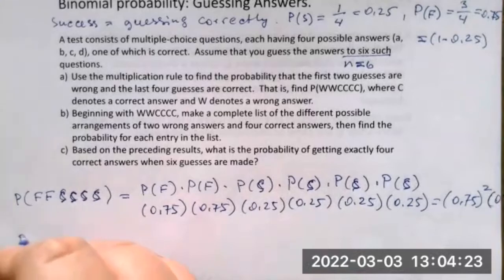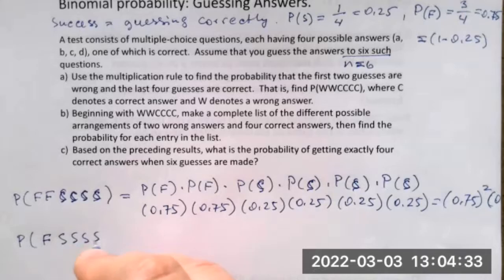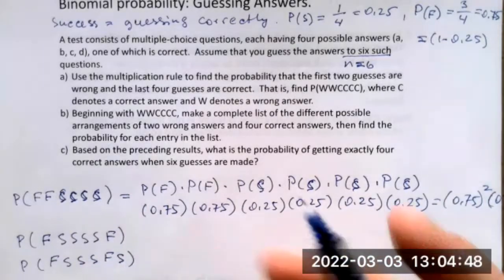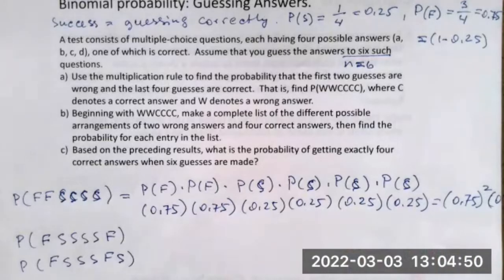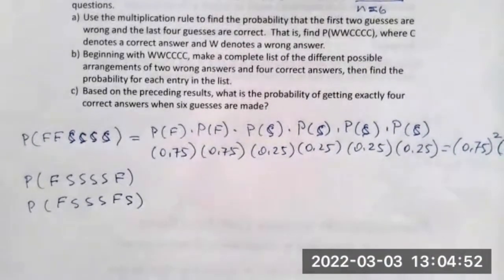So, well, we could have the first one failure, right? Wrong. And then 4 correct answers and the last one wrong. That's one possibility, right? And then we also could have the first one wrong and then correct, correct, correct, wrong, correct. That's another possibility for 2 failures among 6 questions, right?